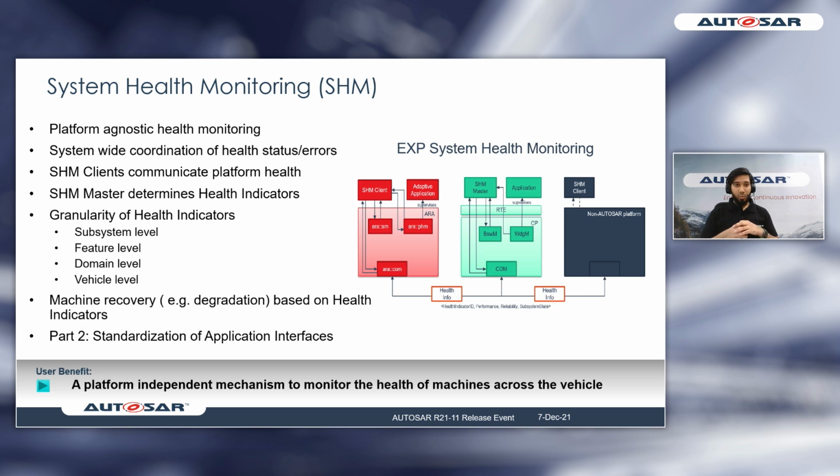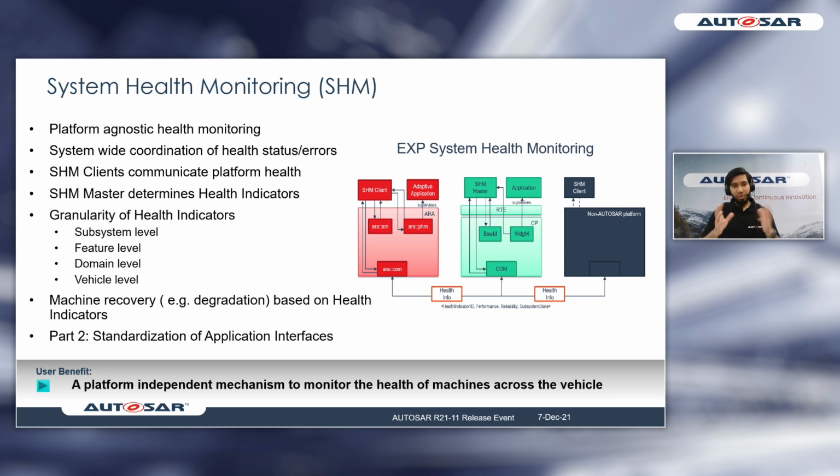One use case would be where the system figures out that a specific platform is low on health, a calculation made from the health indicator, and the whole system coordinates together with the system health monitoring master, the clients, and the own features such as PHM in the adaptive platform and watchdog manager in the classic platform, together with the state machines, that this specific platform needs to go into a degradation state, for example.